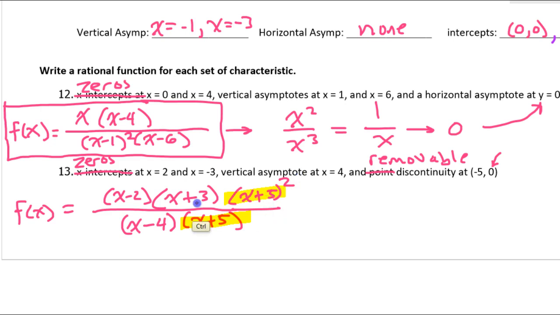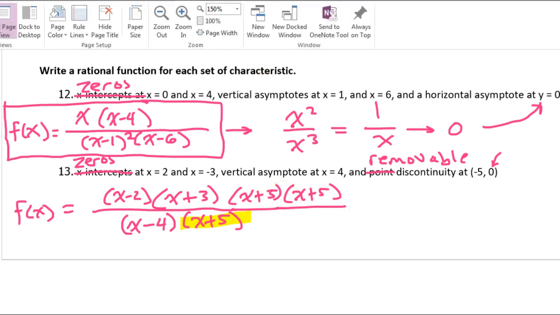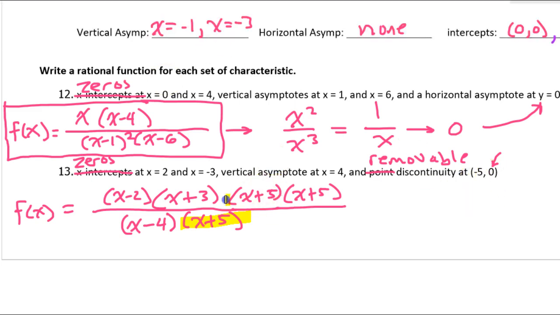So if I go ahead and square this, now I have 2 x plus 5s, so it's really like having x plus 5 times x plus 5. If I write x plus 5 squared, this way I still have the removable discontinuity at -5 because these two still cancel out, which is a hole.